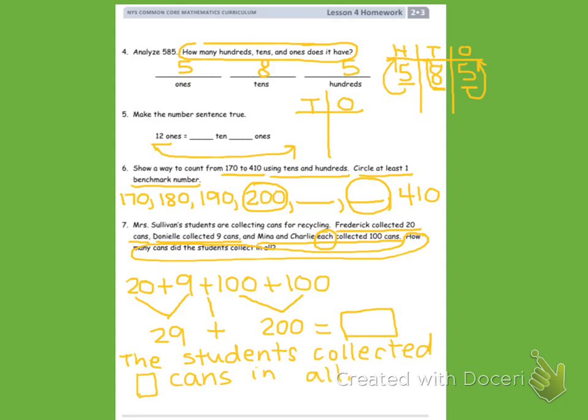Whatever number you wrote in this box is the same number you write in this box. Don't forget to use your very best printing. Remember a capital at the beginning of the sentence and a period at the end.